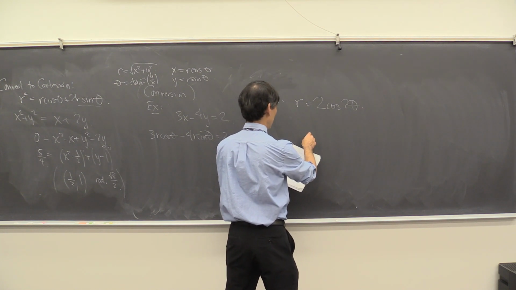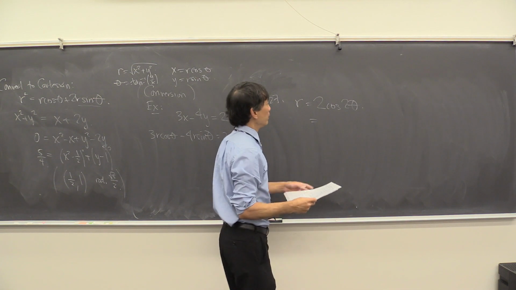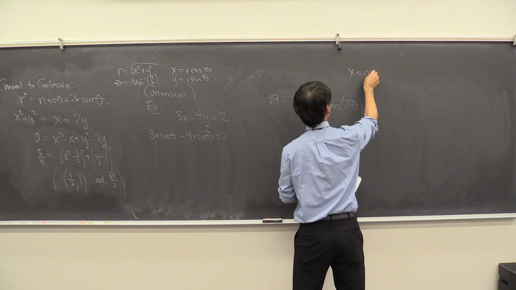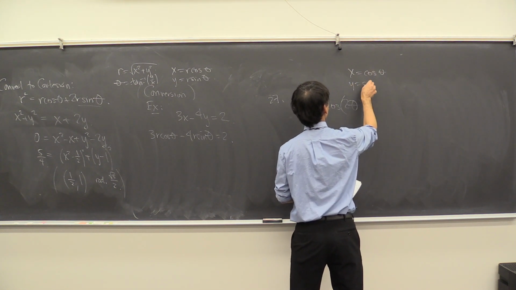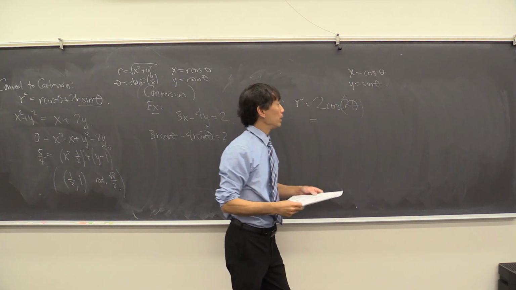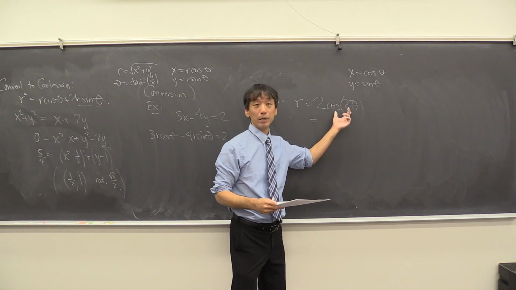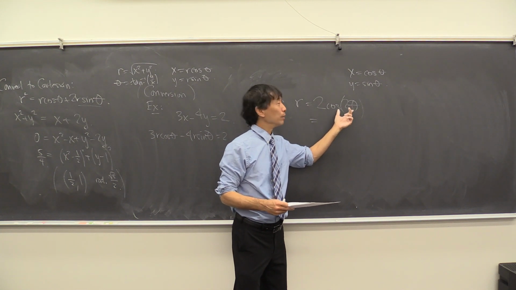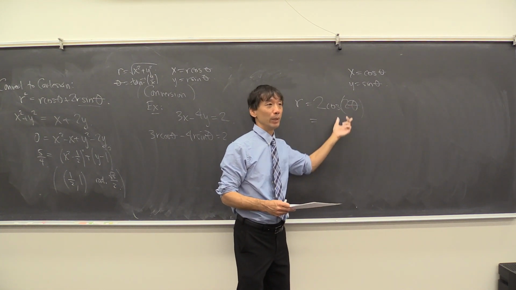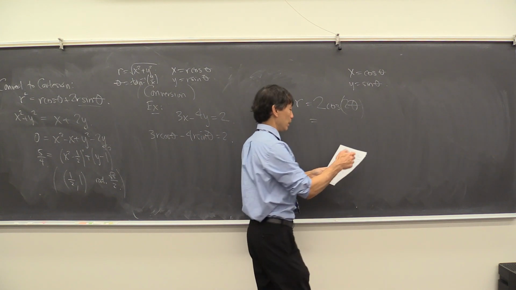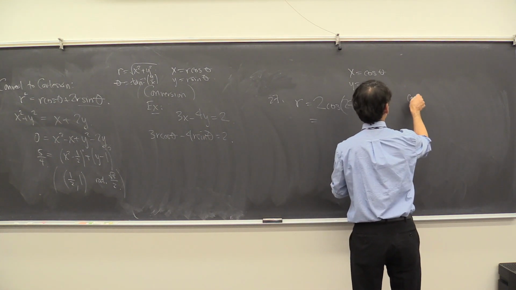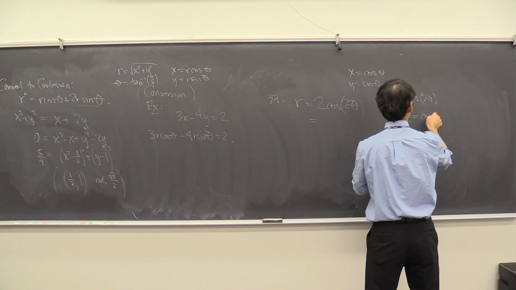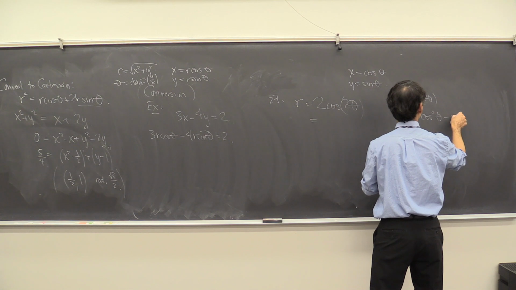So in this case, you would like to use x equals r cosine theta, y equals r sine theta, right? But instead you've got cosine of 2 theta, and so the trick is to use a trigonometric formula that we got before. You recall that cosine 2 theta is actually cosine squared theta minus sine squared theta.